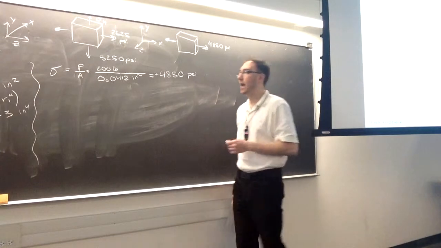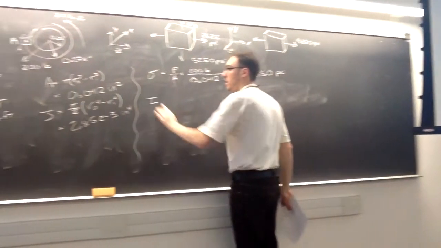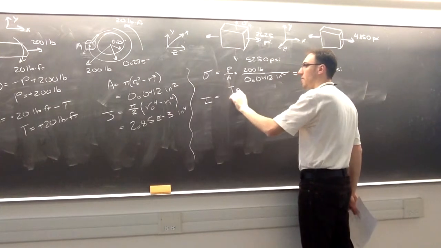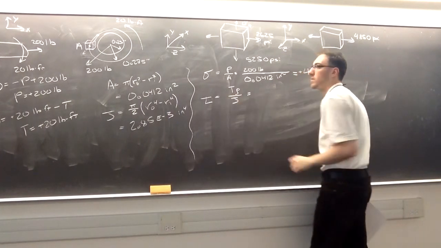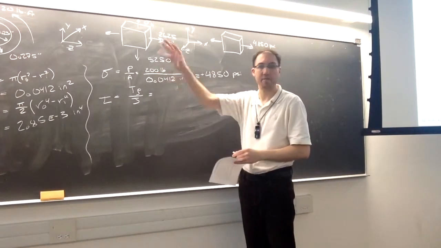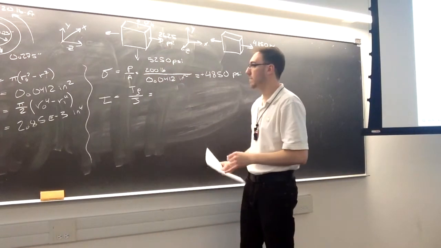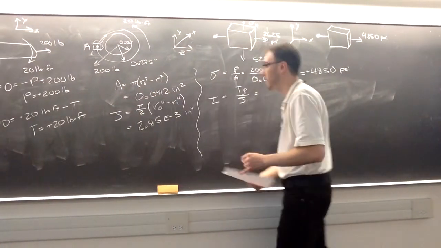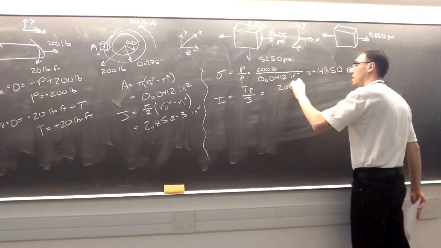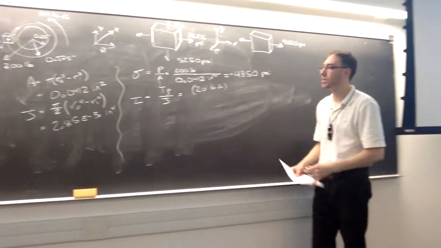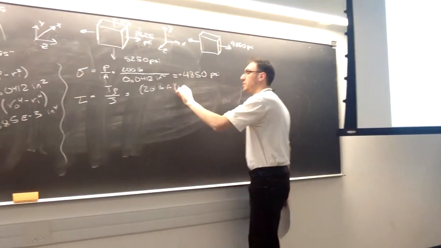And then I'm going to have a shear stress due to the internal torsion, T rho over J. At the point A, which is on the surface of this pipe, well, first the T is going to be equal to 20 pound-feet. But our J is in inches, and our rho is going to be measured in inches.